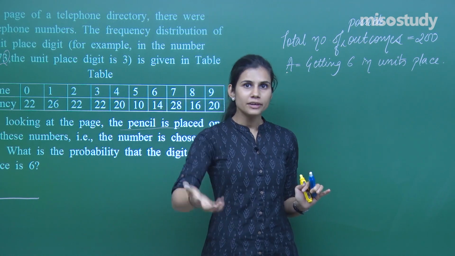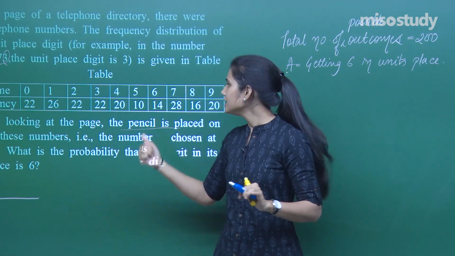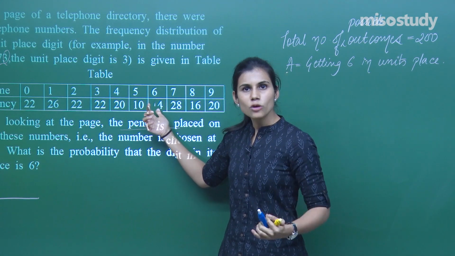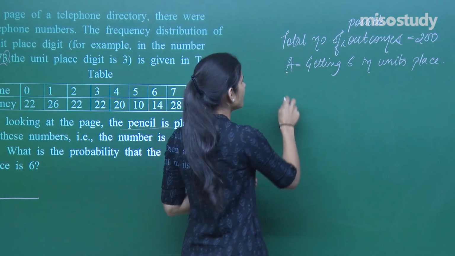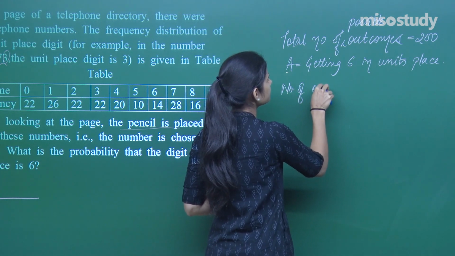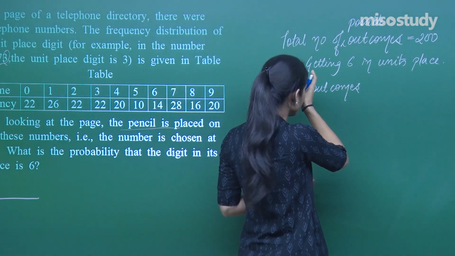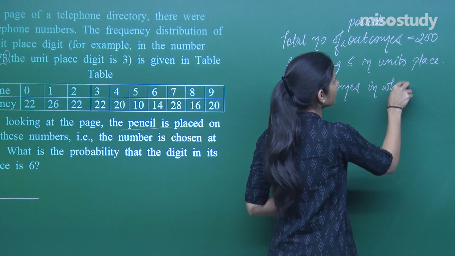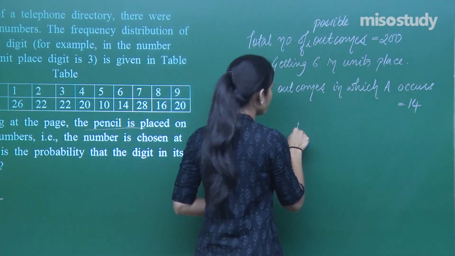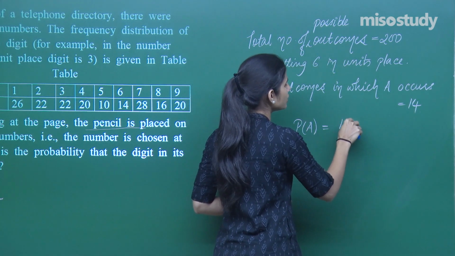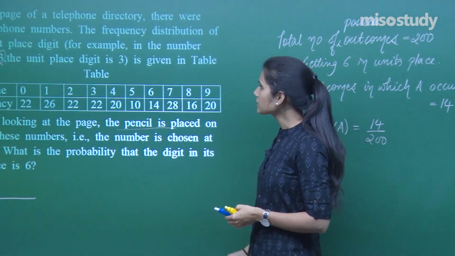So, out of the 200 possible outcomes, 14 outcomes favor my event A. The number of outcomes in which A occurs is 14. So, probability of A is the number of outcomes in which A occurs upon the total number of outcomes. Is it clear? Let us look at the next question.